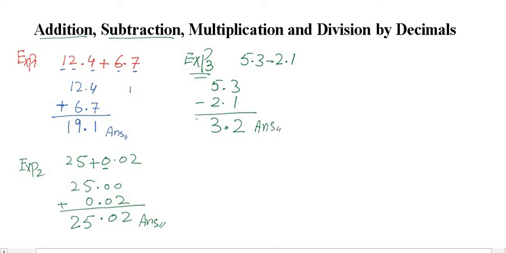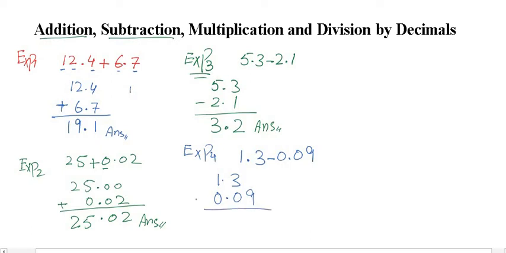Take another example, example number 4. If we are given the number 1.3 minus 0.09, 0 comes in the unit place, then 0 in the tenth place, and in the hundredth place is 9.